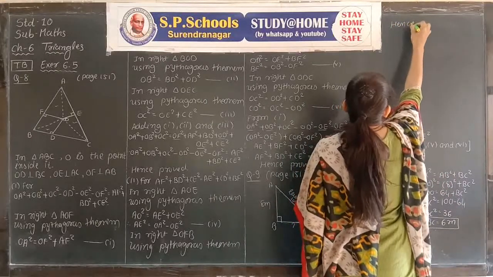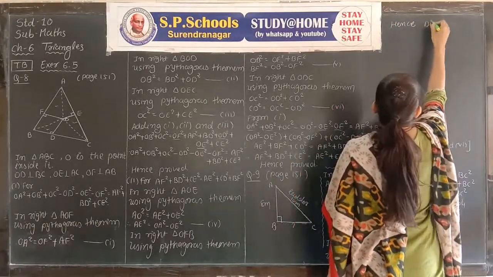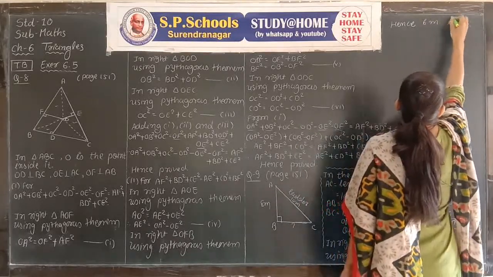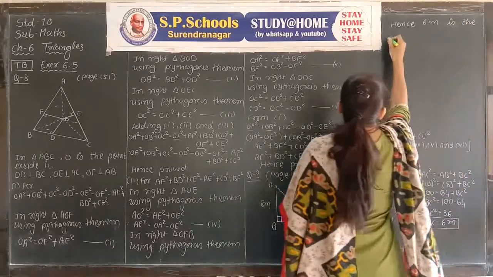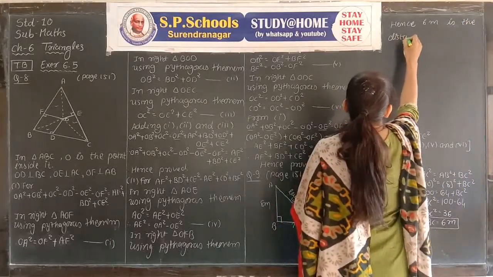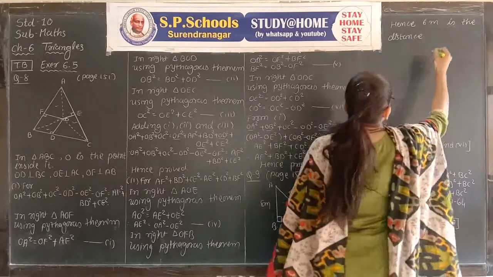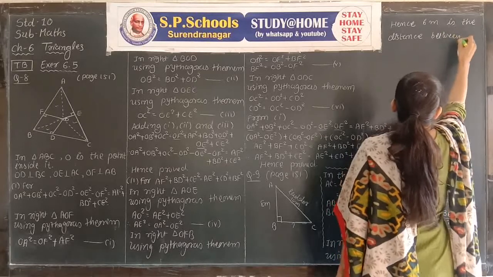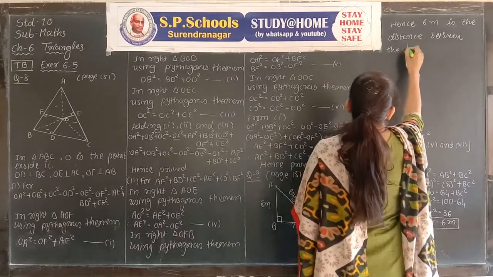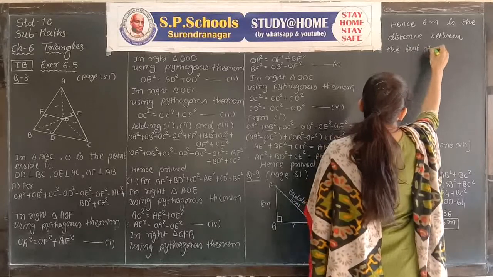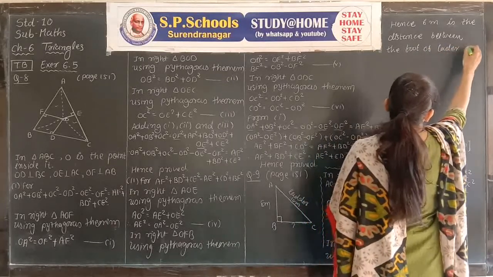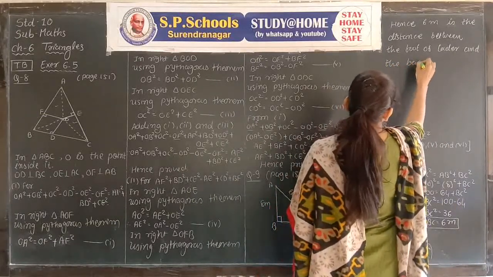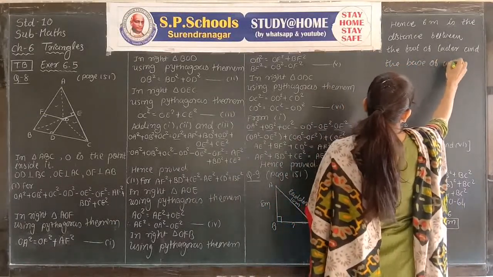Hence, six meter is the distance between the foot of ladder and the base of wall.